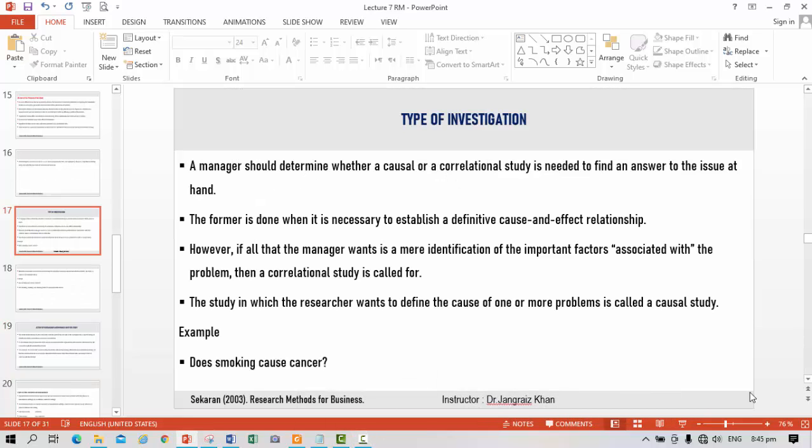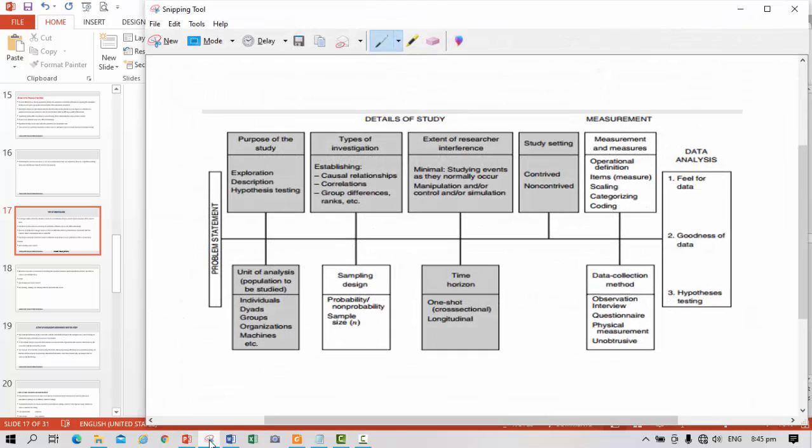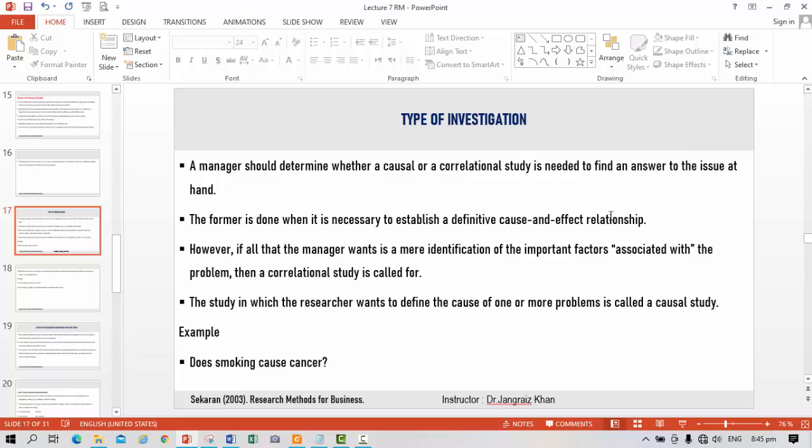The next step in the research design is the type of investigation. If you look at the picture, the type of investigation is another step. So a manager should determine whether a causal or correlational study is needed to find an answer to the issue at hand. A causal study is done when it is necessary to establish a definitive cause and effect relationship.